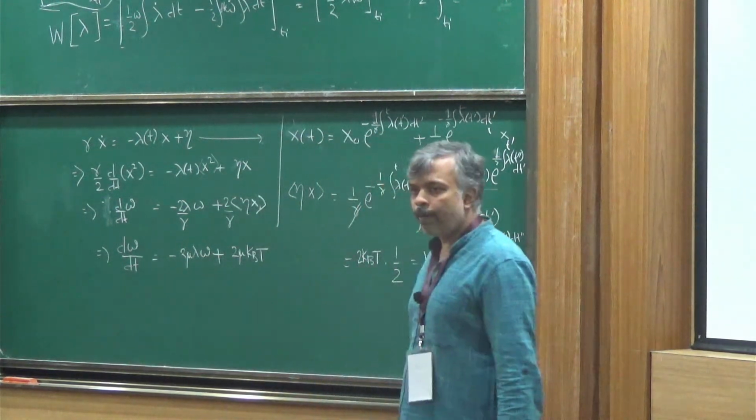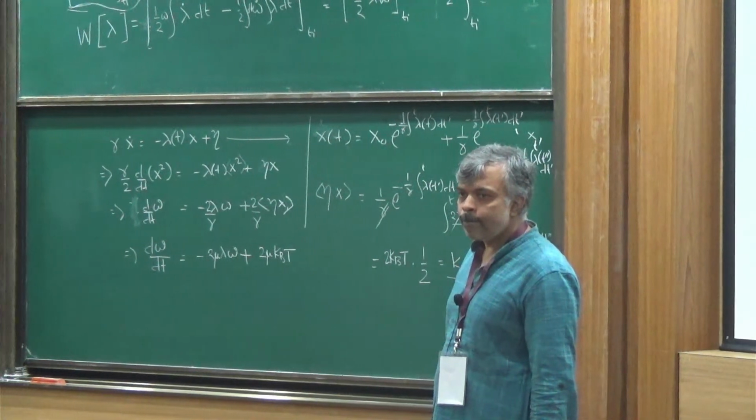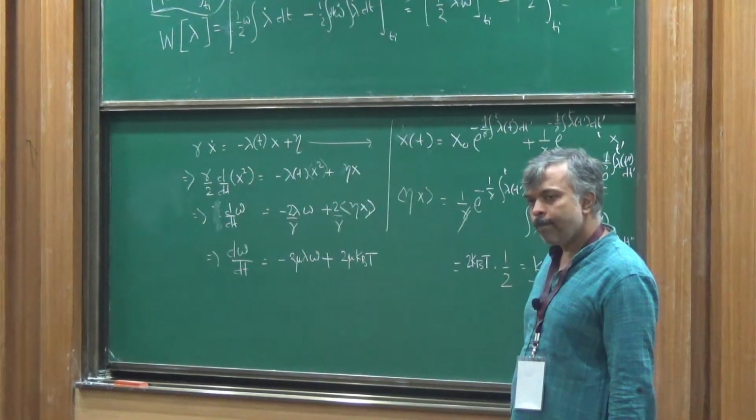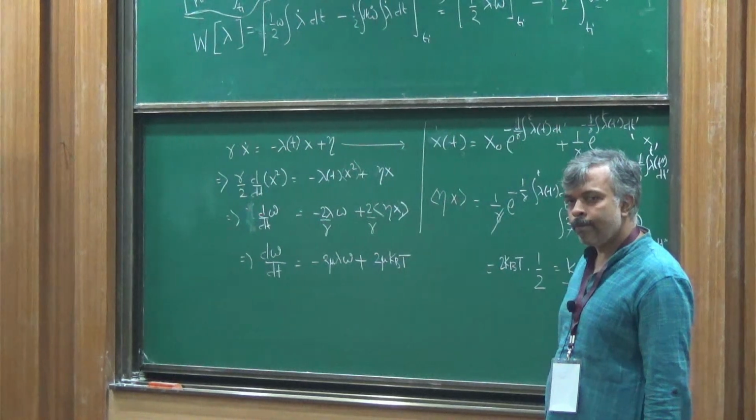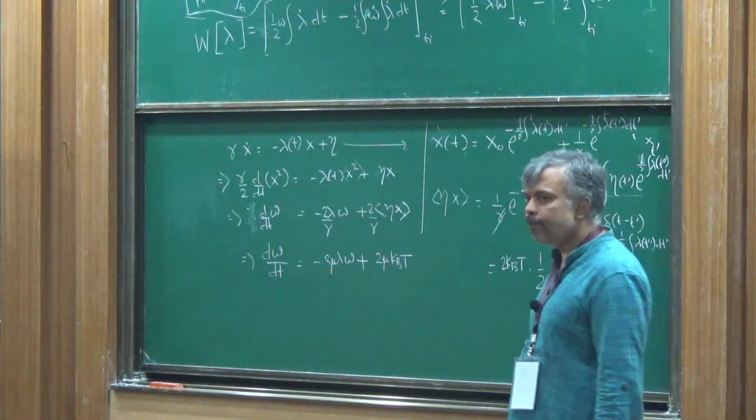One simple analogy: suppose you have a particle in a potential half k x square, then half m v square does not depend on the k, right?